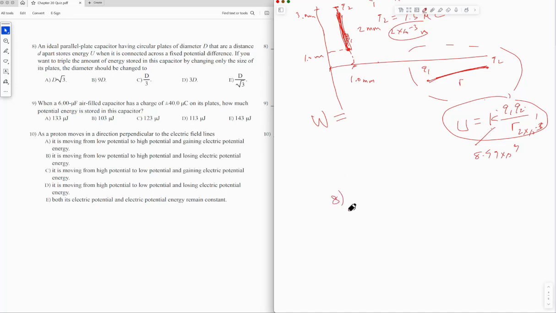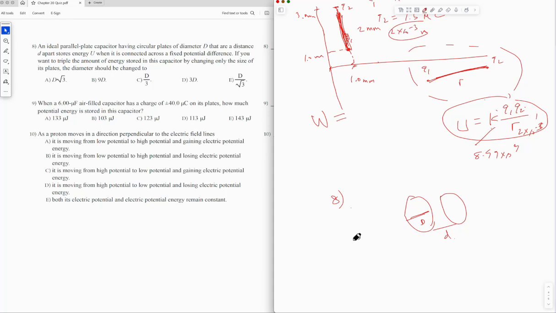Number 8. An ideal parallel plate capacitor having circular plates of diameter D, separated by a distance lowercase d, stores energy U when it is connected across a fixed potential difference.